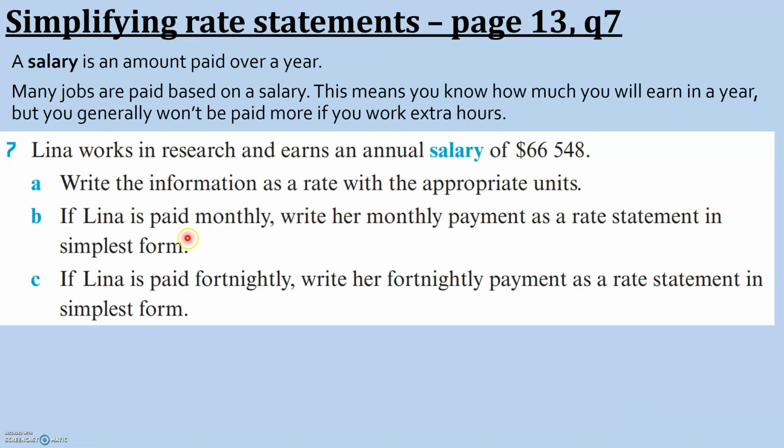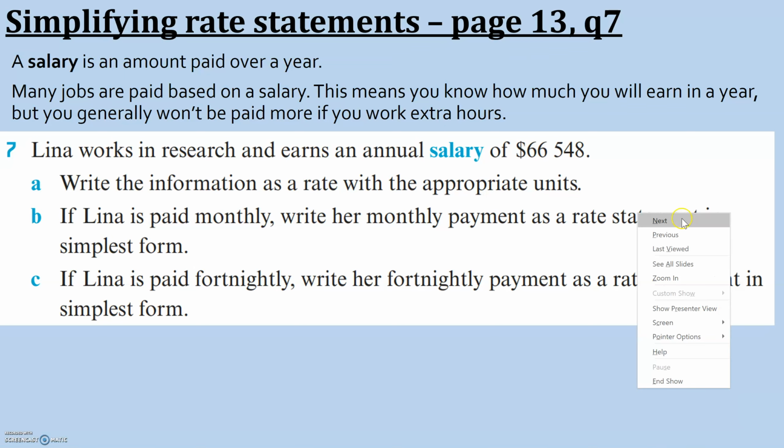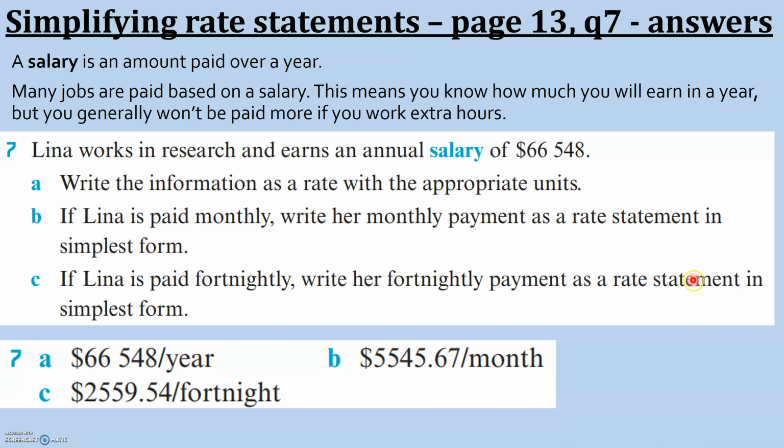Have a look at this problem for Lena here, who earns a salary of $66,548. Just pause the video on that. Alright, so we write Lena's salary as a rate statement. She earns that amount in 1 year.